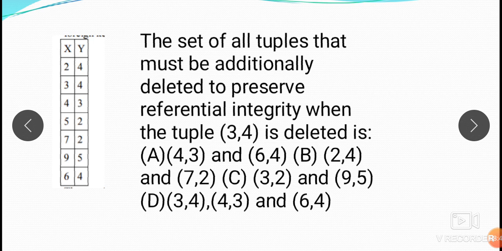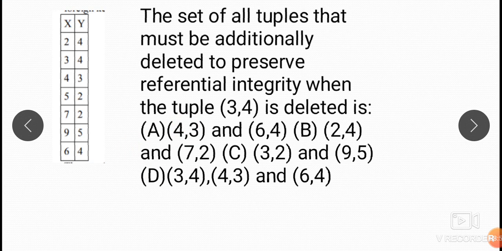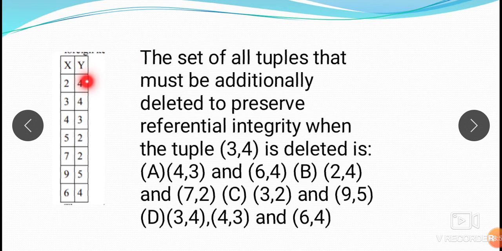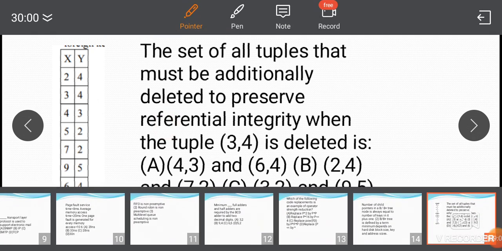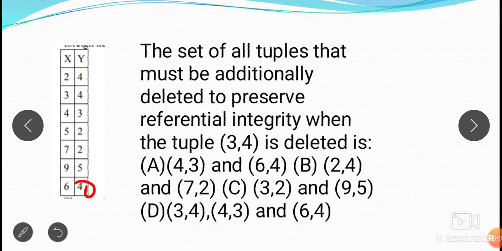For this reason you have to delete here 4, so option A is that you have to delete 4 3, and when you delete 4 3, at that time this 4 is deleted, so for this reason 6 4 is also deleted. When you delete the foreign key, 4 is the foreign key and X is the primary key, so 4 is deleted, and here 4 is also deleted. Now next, 4 is deleted, for this reason this is also deleted.